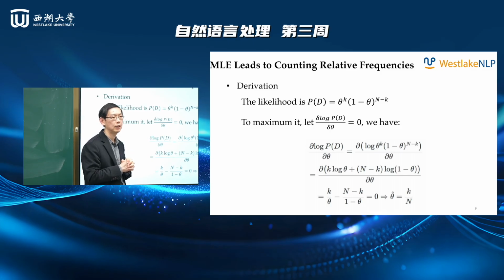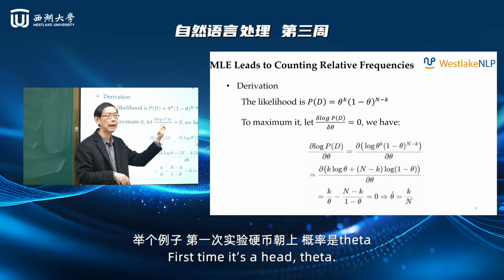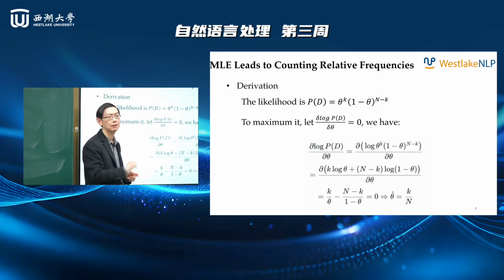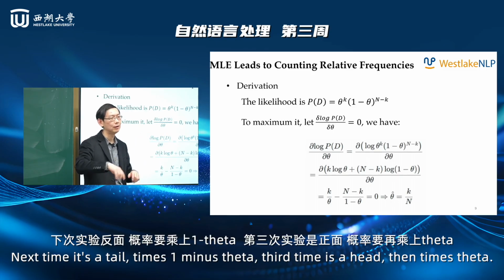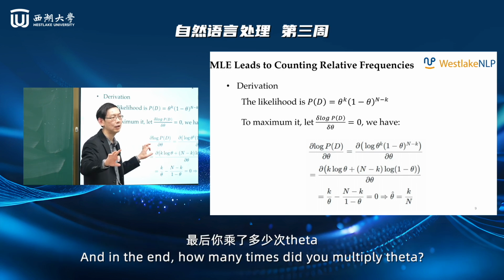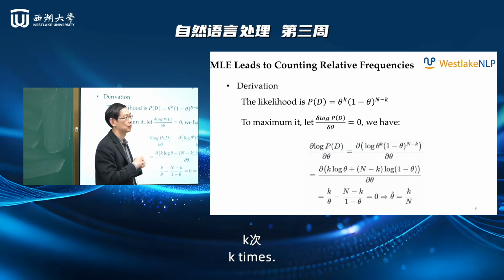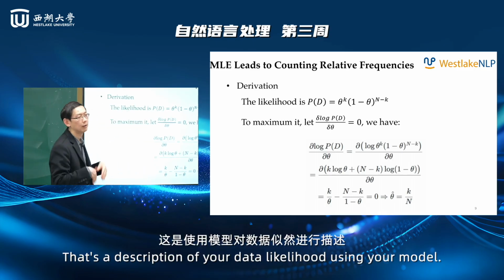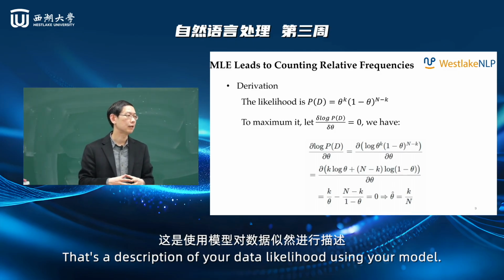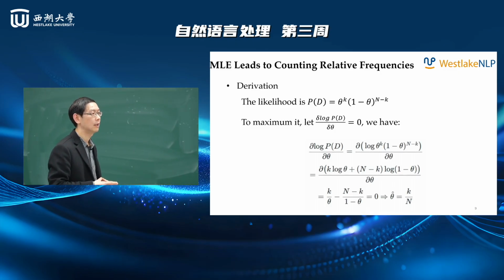Easy to understand, right? First time it's a head, theta. Next time it's a tail, times 1 minus theta. Third time it's a head, then times theta. In the end, how many times did you multiply theta? k times. That's the equation, a description of your data likelihood using your model.